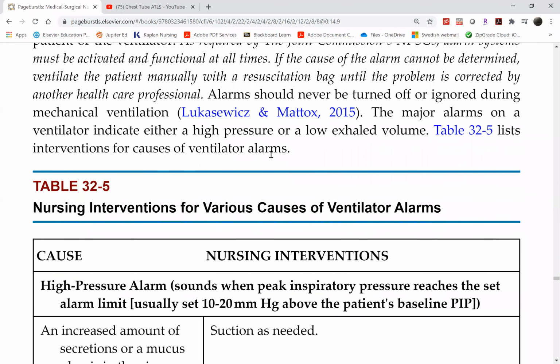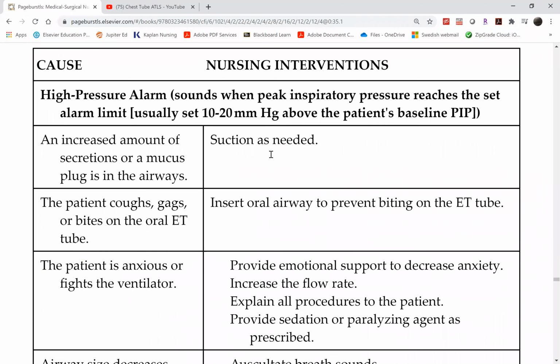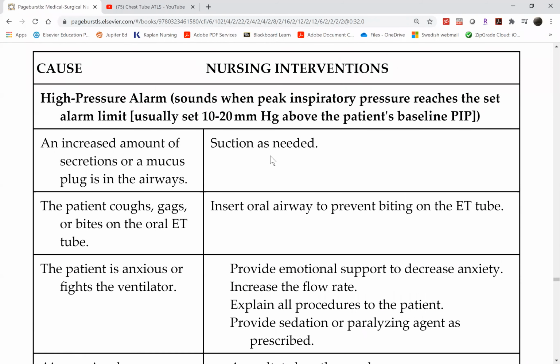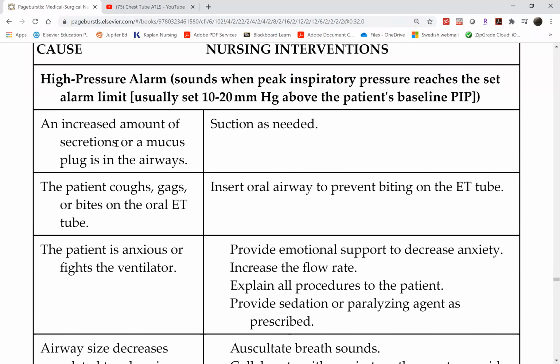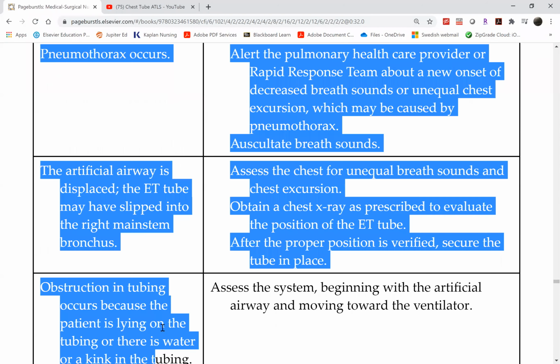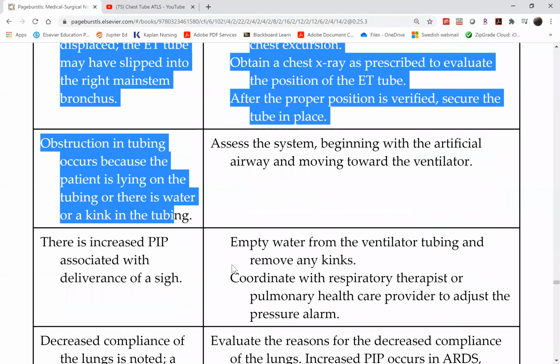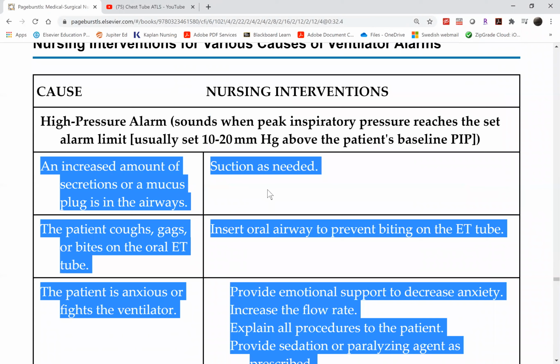All right, so alarms. Because your textbook only talked about 2, we'll only do 2, high pressure and low pressure alarms. If you go down the list for high pressure, what is the patient doing in all of these? What is it causing between the patient and the ventilator?